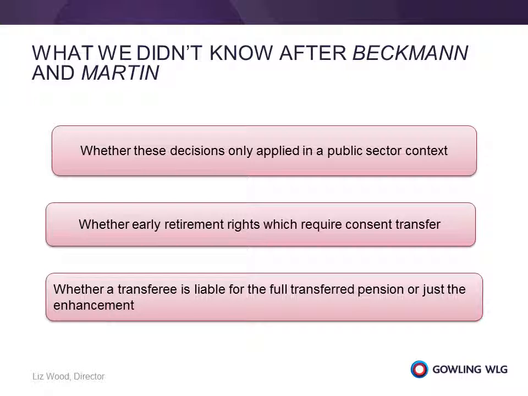We then had the decision of Procter & Gamble in 2012, which is why you've got an image of toilet tissue up on your screen, because this was around the sale of Procter & Gamble's European toilet tissue business. The parties here recognised that there were Beckman liabilities associated with the transferring employees' employment, but they simply couldn't agree the value of those Beckman liabilities.